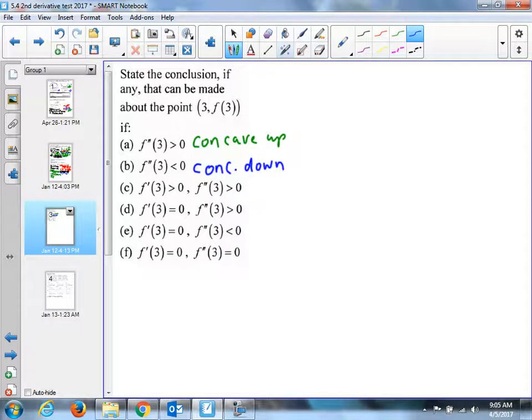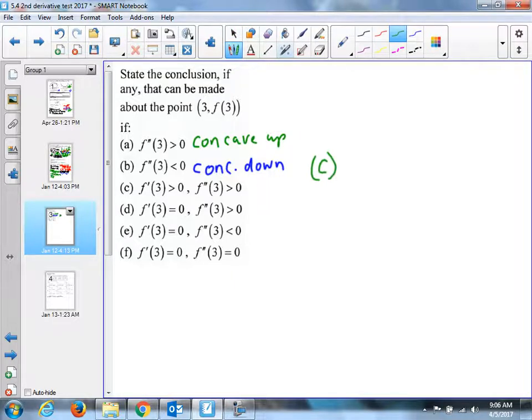Now this is where we have a culmination of things. If we're told in C that f prime of 3, so the derivative evaluated at 3, is greater than 0, so it's positive. What does a positive first derivative mean? Tells you increasing or decreasing, which one? Increasing. So for C, I'm going to do a little sketch work here.